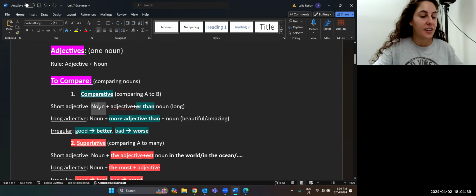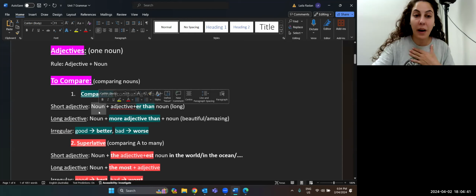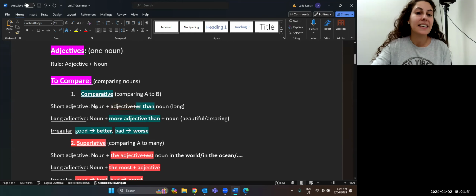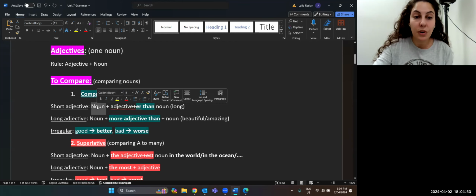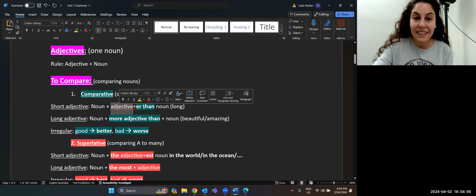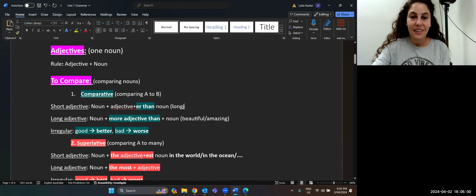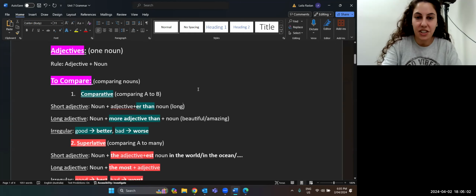So I put the first noun here. For example, my book is bigger than your book. My house is smaller than your house. Okay, so that's what a short adjective is.